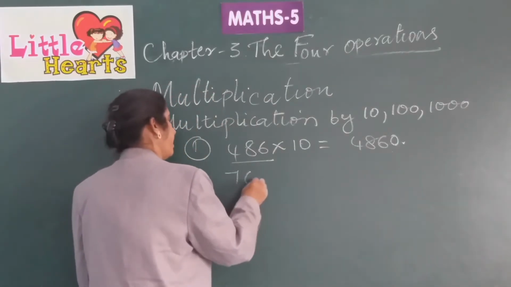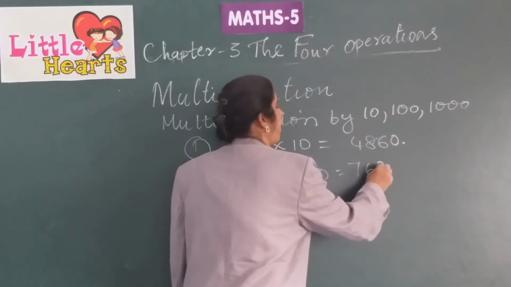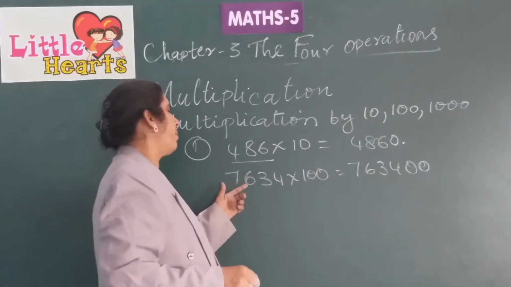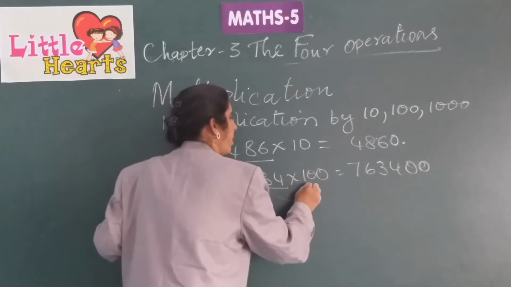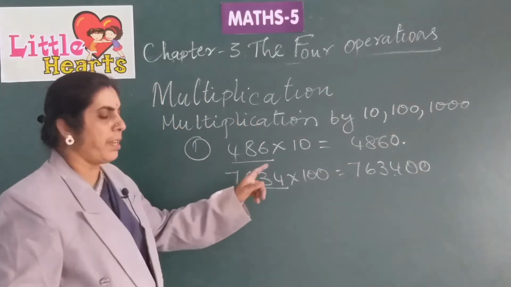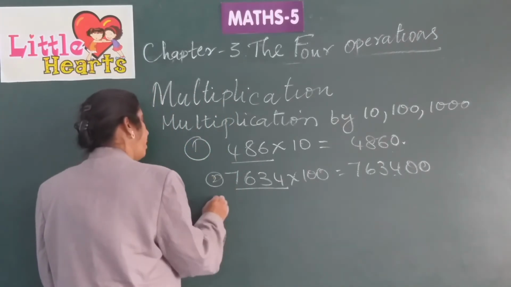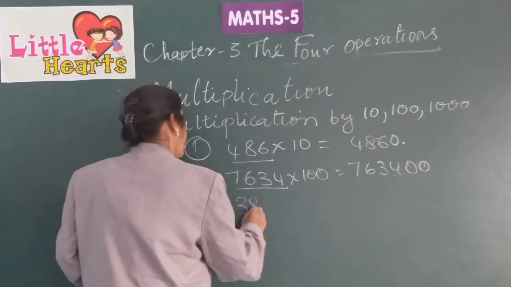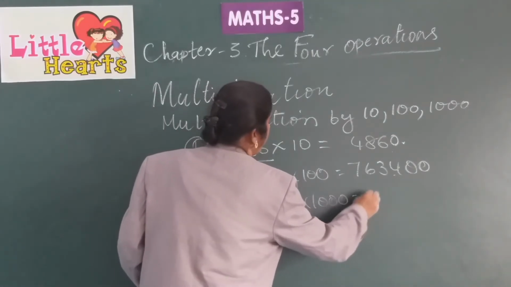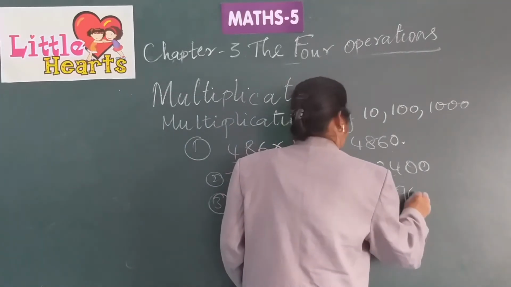Multiplication by hundreds. Just the given number followed by 2 zeros. If any number is multiplied by 100, the product is the same number followed by 2 zeros. The given number followed by 2 zeros. If any number is multiplied by 1000, the product is the given number followed by 3 zeros.